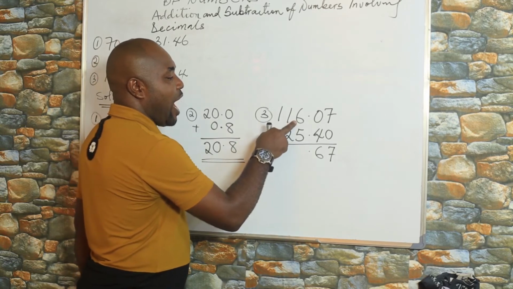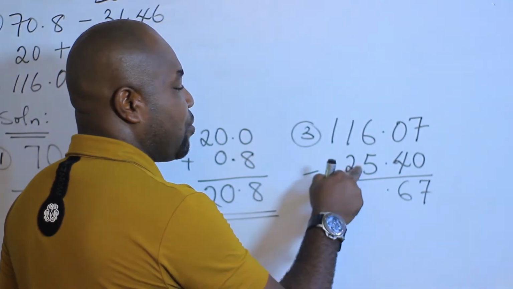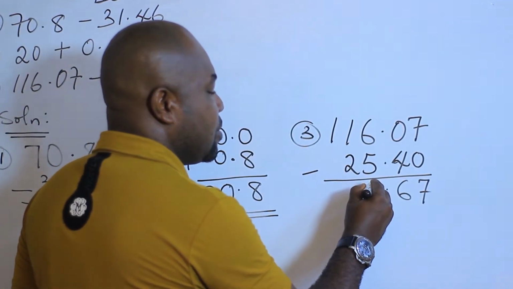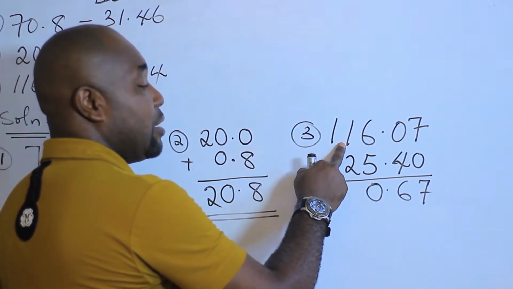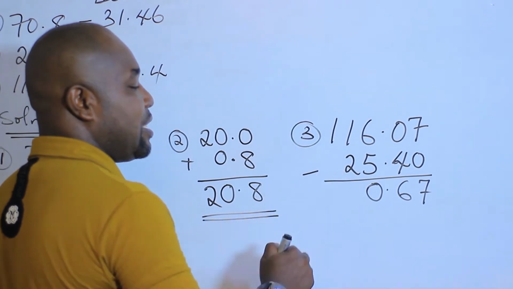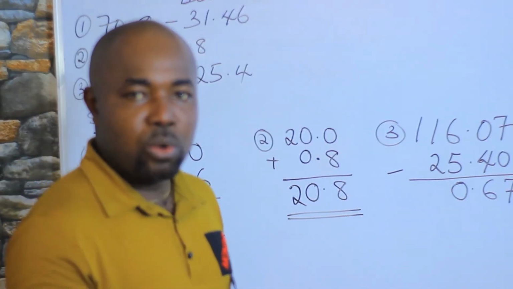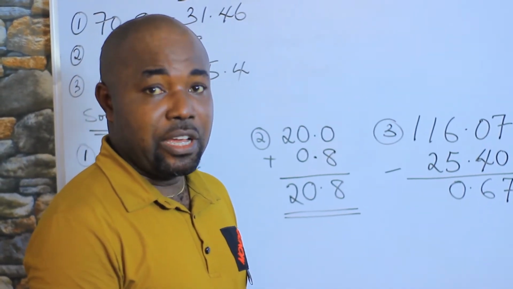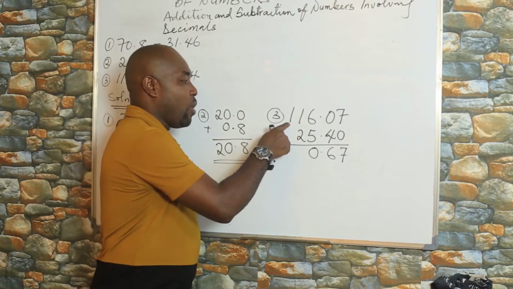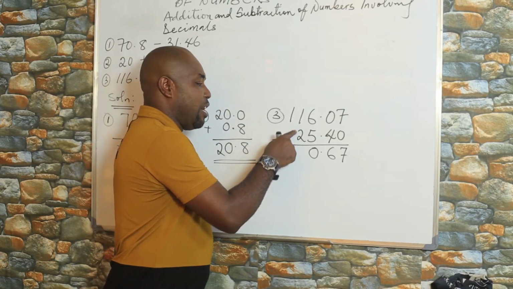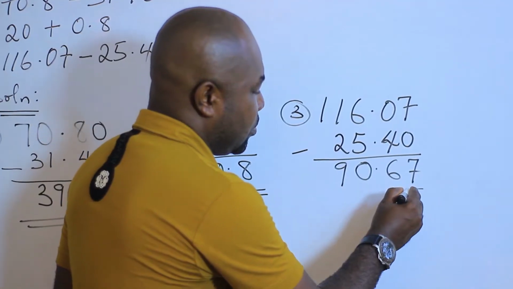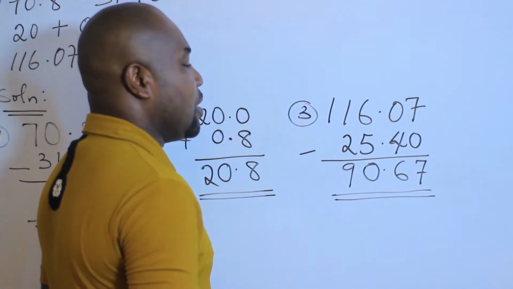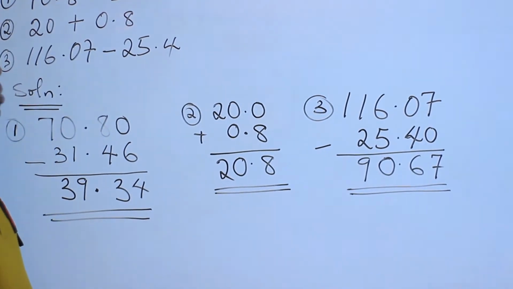Here remains 5. 5 minus 5 is 0. Here is 1. 1 minus 2, it cannot go. Then we have to lift another number there. We lift 1 here and put here, it's 11. 11 minus 2 is 9. This is our result.